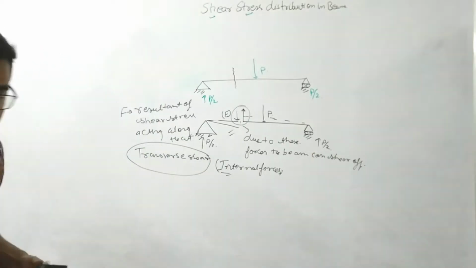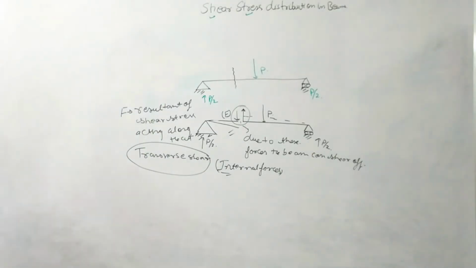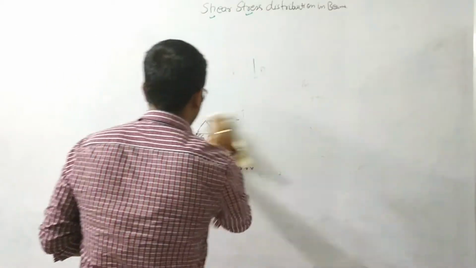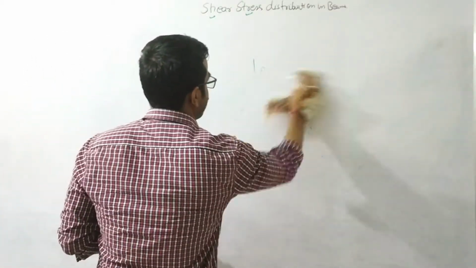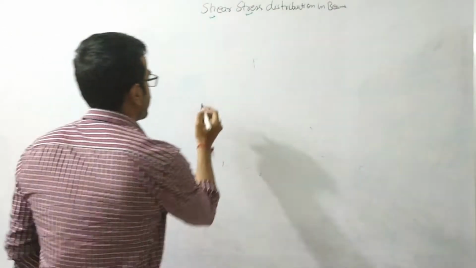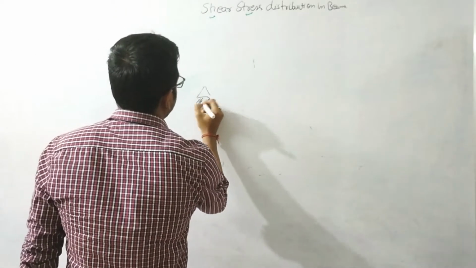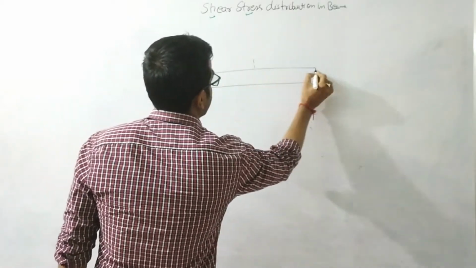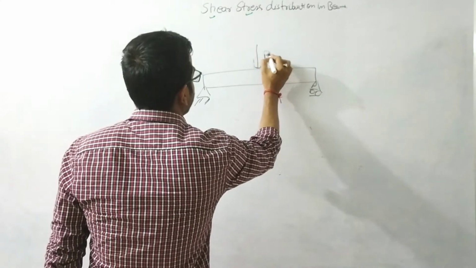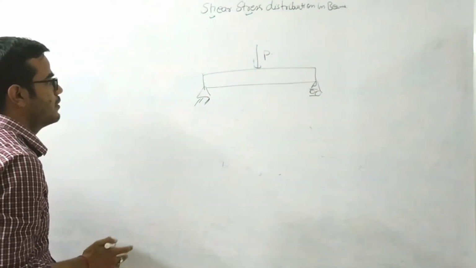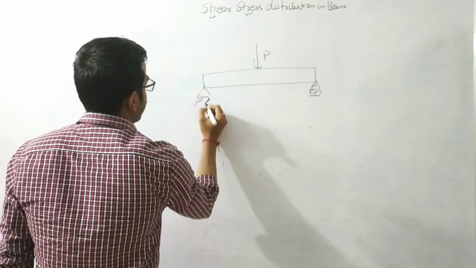Now we'll see how this shear stress is important and how beams fail in shear. We'll see a simple example. Suppose this is a simply supported beam, and I'm applying a load P. If this beam needs to fail in shear, the maximum shear force will occur at the supports.